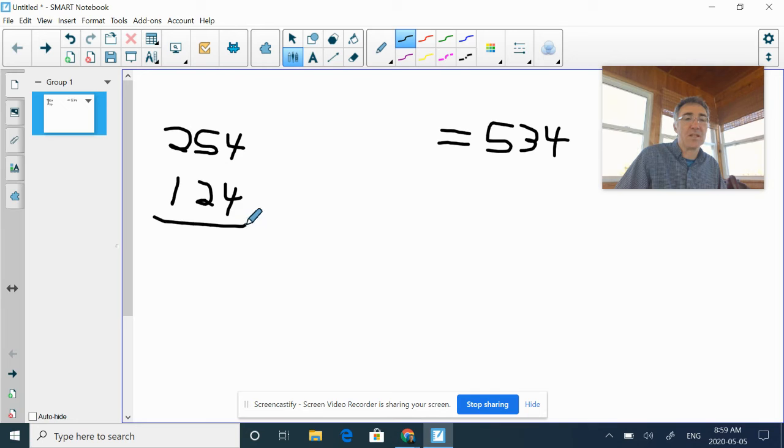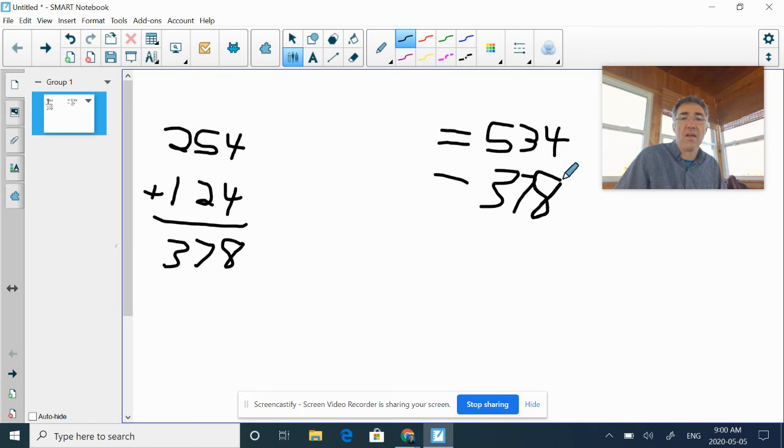In this particular case, I'm going to add them together and then subtract. So I have my 8, I have my 7, I have my 3, and now I'm going to come over here and subtract that. 3, 7, 8.